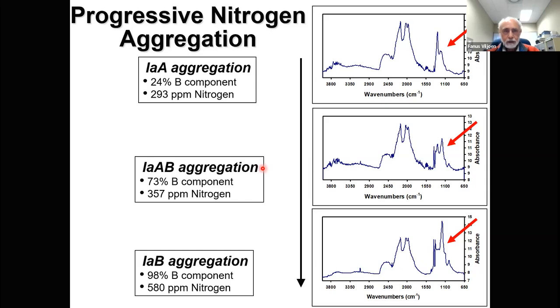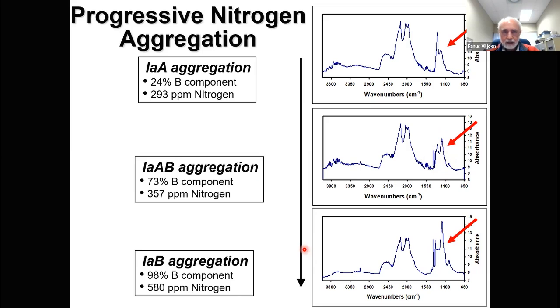This is known as a 1A-B aggregation state, so this would be classified as a 1A-AB diamond. It contains 73% of the nitrogen in the highly aggregated B component, and on the order of 400 ppm nitrogen. And you can see that this peak, particularly in the nitrogen region, is now more pronounced.